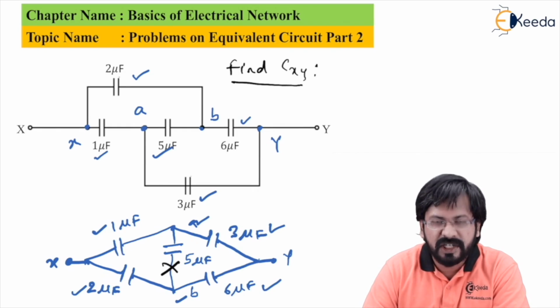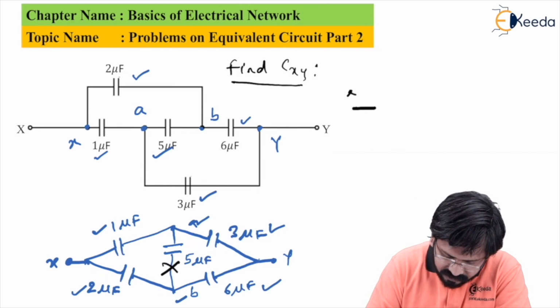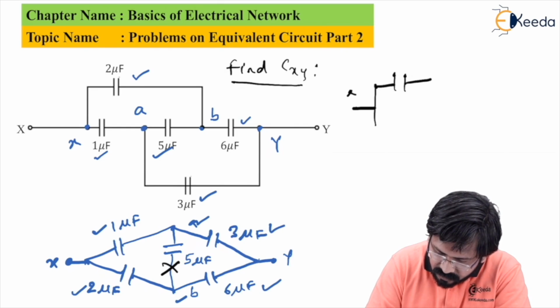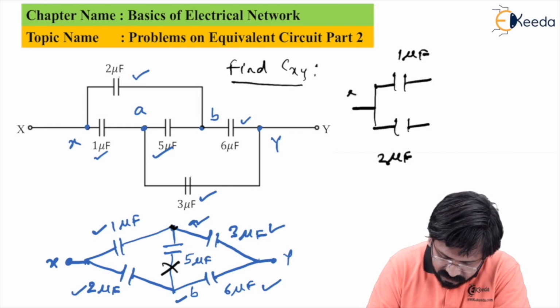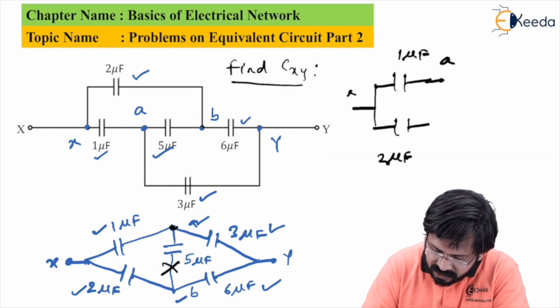So let's draw a new circuit. We started with point X. After that, we have 1 microfarad and 2 microfarad here. After that, we have point A here. So at the end of the 1 microfarad capacitor, we have point A. After point A, there is a 3 microfarad capacitor.